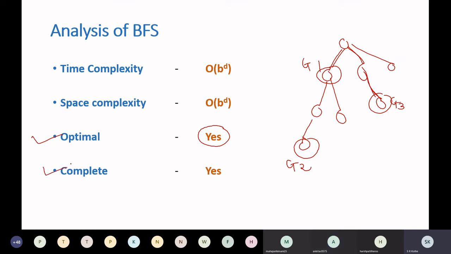Is it complete? Completeness refers to, does it give you a guarantee that it will return the solution if it exists? Yes, always it will return the solution. Just like the previous algorithm DFS, in DFS we saw that it can have infinite depth. But is it possible that any search space will have infinite breadth?